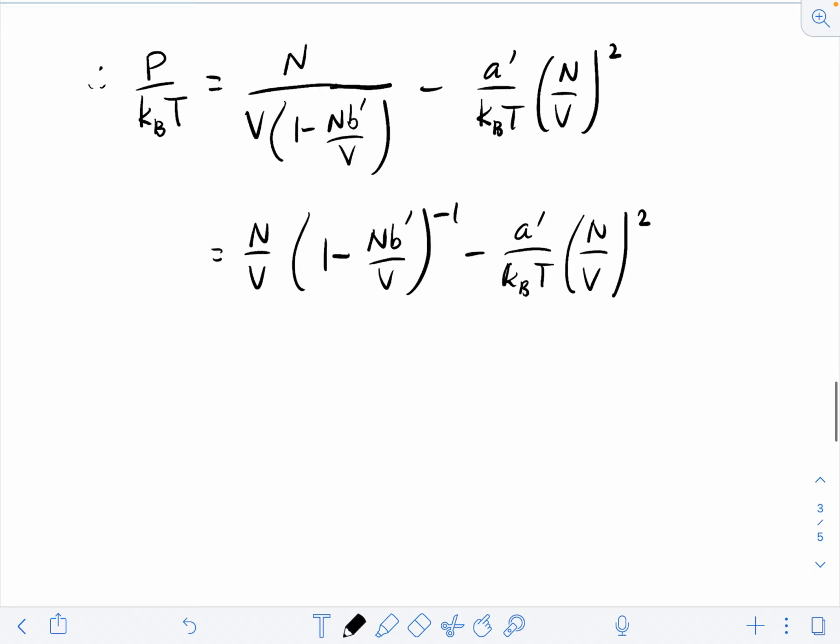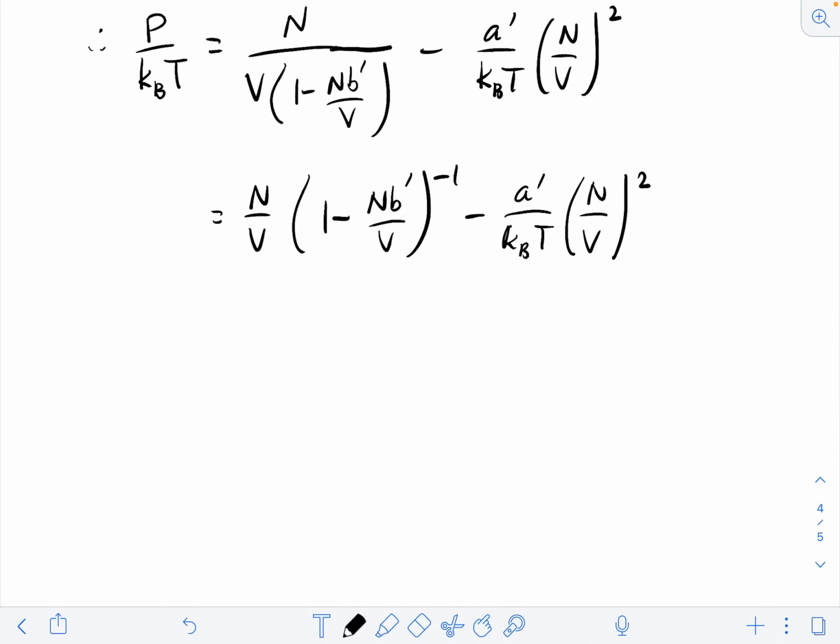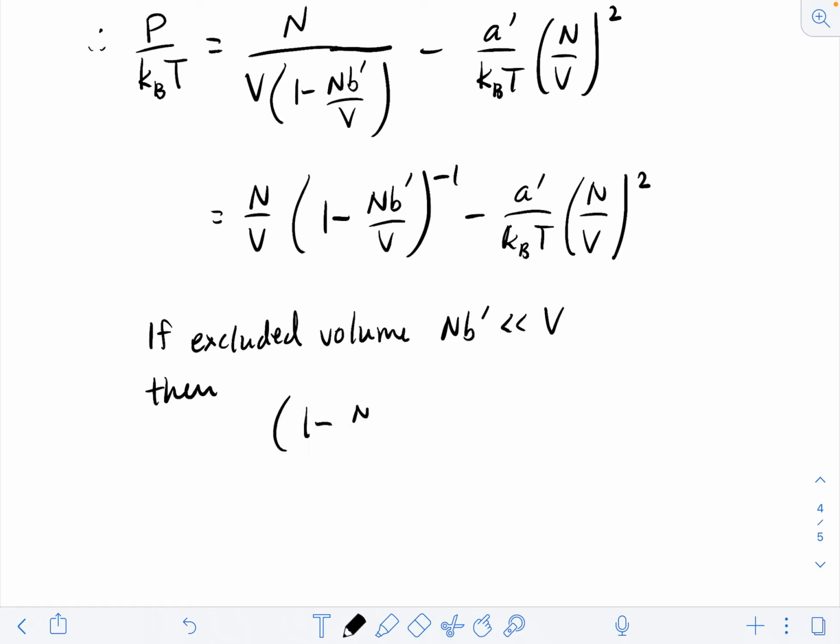So it would be reasonable to assume that the excluded volume, nb', due to the presence of the particles, is much less than the volume of the container. So if the excluded volume is much less than the volume of the empty container, then we could make the approximation.